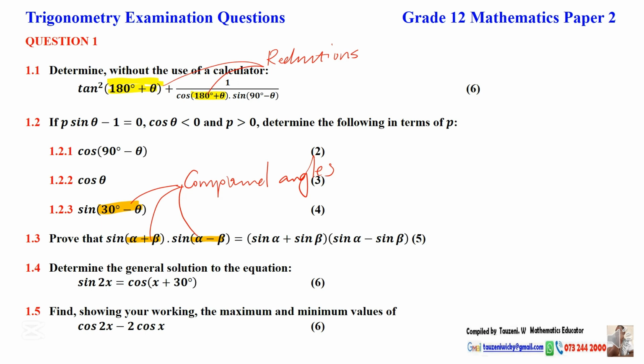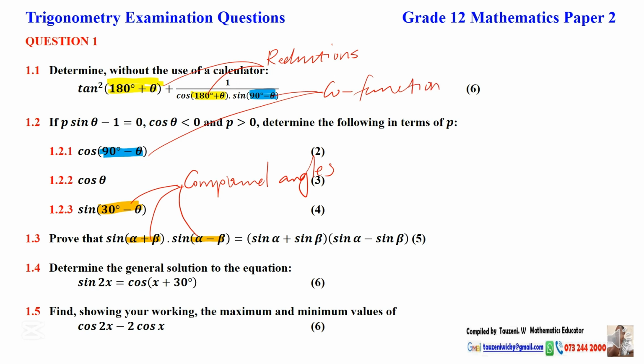What else do I know? If an angle is subtracted or added to 90 degrees, then it means I must think about application of co-functions. So that means these two, I'm going to use co-functions to simplify them.